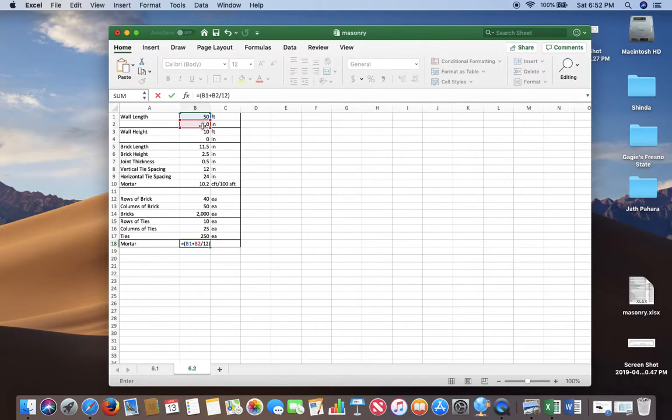Don't forget your parentheses, and then you'll multiply that by your wall height, parentheses, wall height, plus your B4, and then you'll multiply that by 12, close parentheses, and then you multiply this by our mortar, and then divide this by 100 times 27, close parentheses, hit enter.